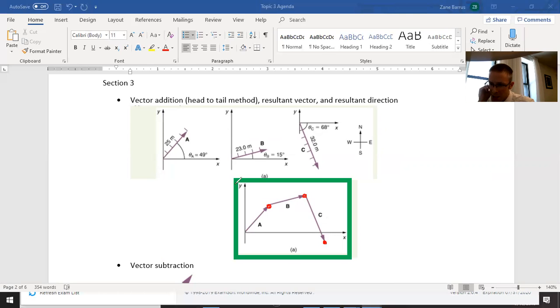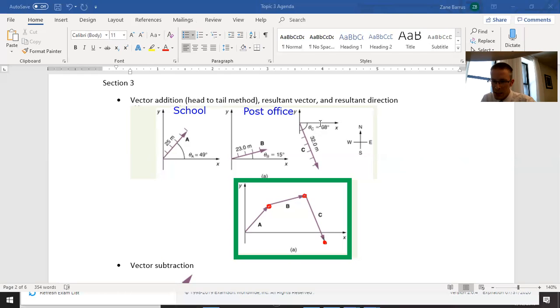If I wanted to go to these 3 separate destinations all throughout my day, and I wanted to figure out at the end of the day what my total displacement was, you can take 3 separate vector quantities and add them together graphically. For example, let's say that this first vector was how to get to school. Let's suppose that this next vector was how to get from school to the post office.